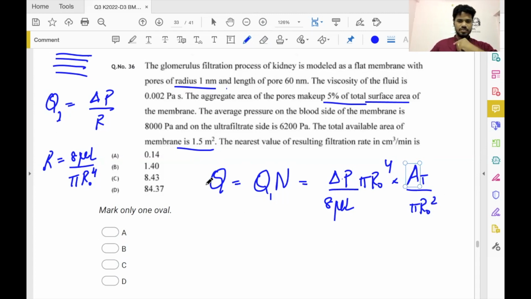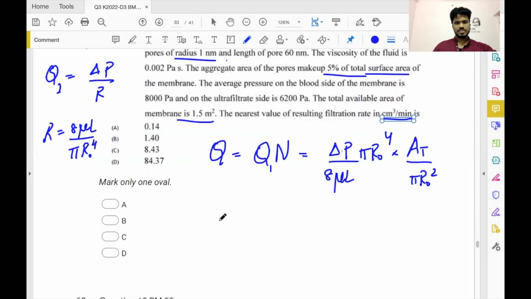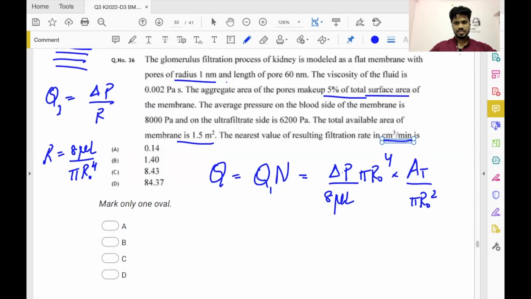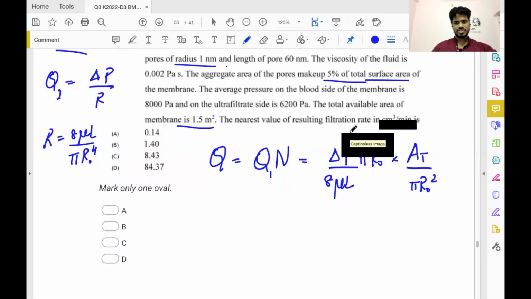So this should give us the total flow, and we want the flow in centimeter cube per minute. So this is slightly involved, the calculation part. Okay, let's do that.